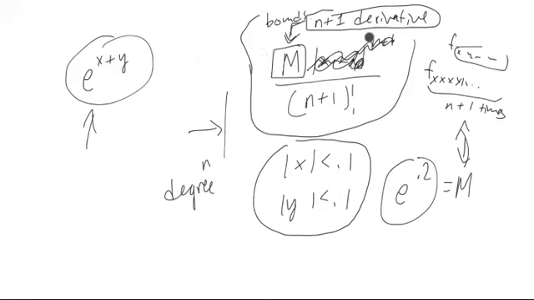What's left over simply ends up being the absolute value of x minus our center, which in this case will be 0, but just in general, plus the absolute value of y minus b, raised to the n plus first power.